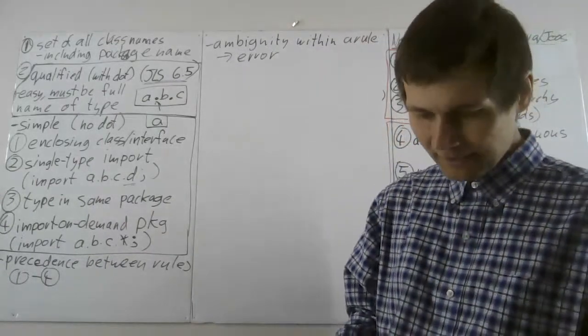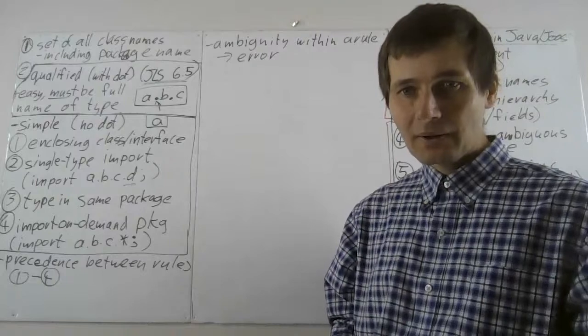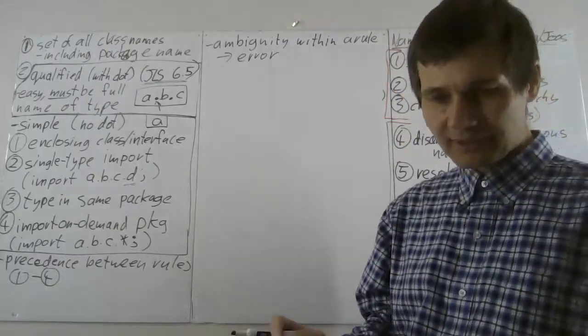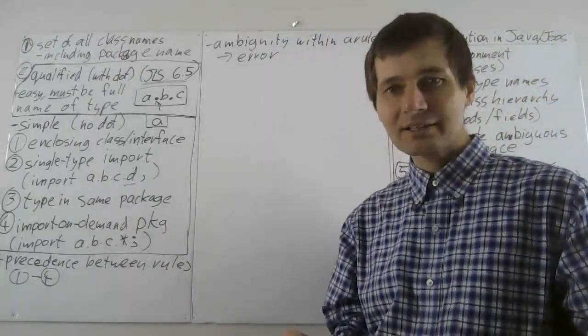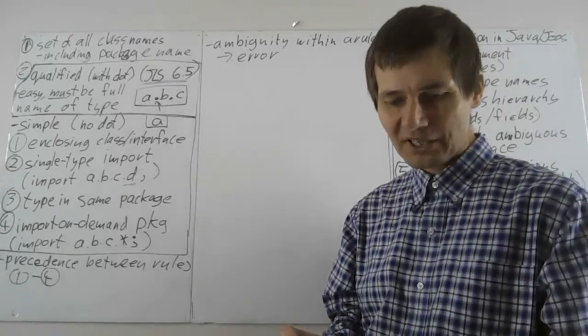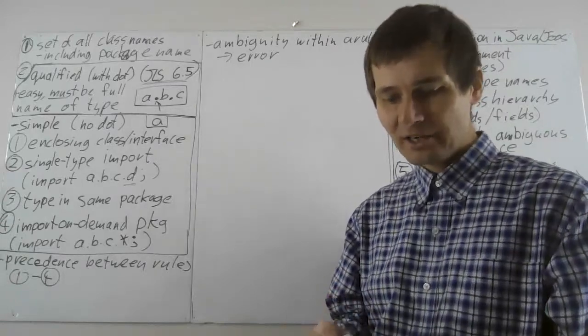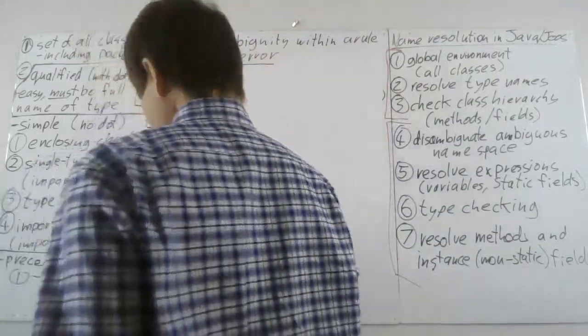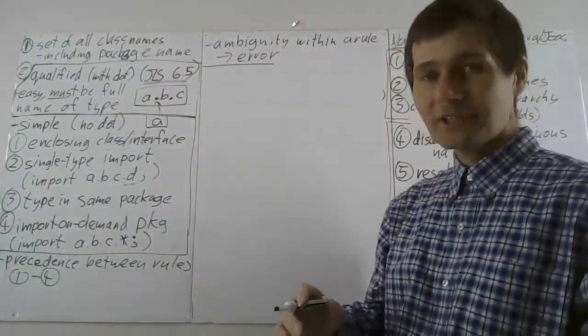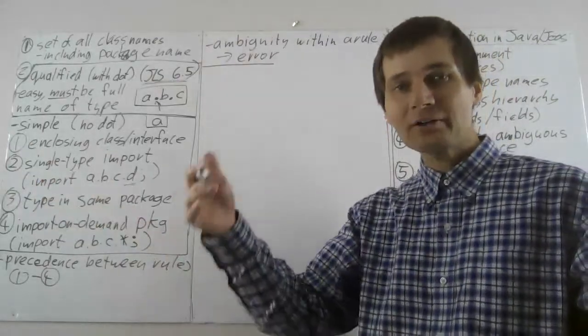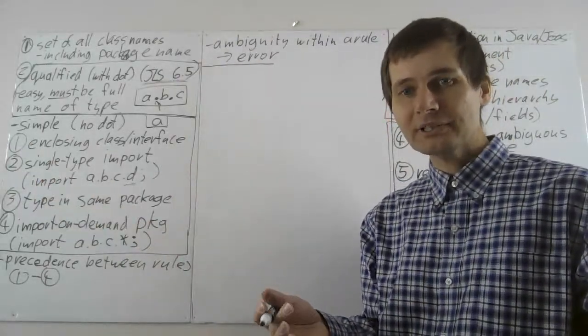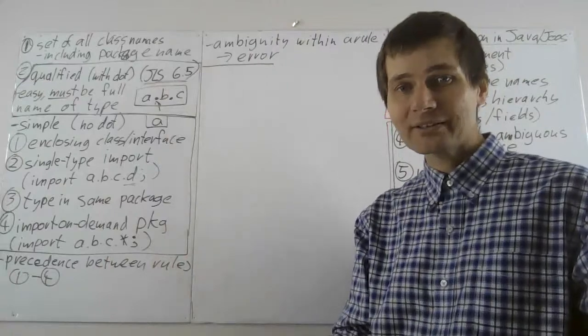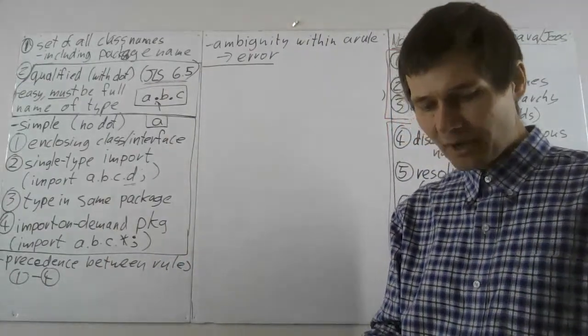Okay, and one other thing here that is a warning, so sort of a common misconception, right? So in Java, at the top of your file, you put a package declaration, but you don't have to, right? The package declaration is optional.